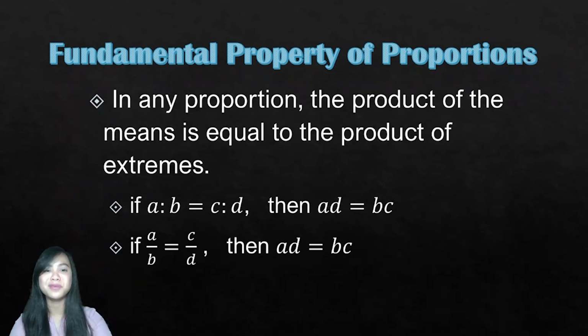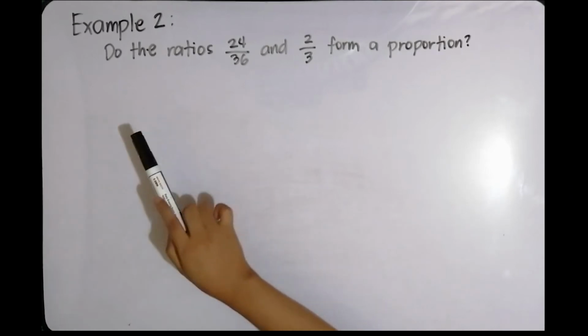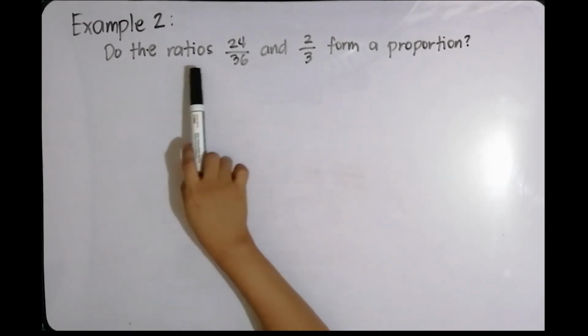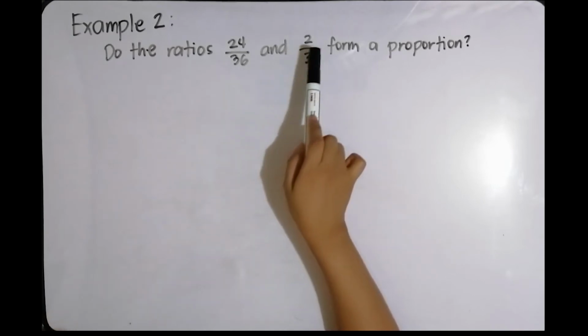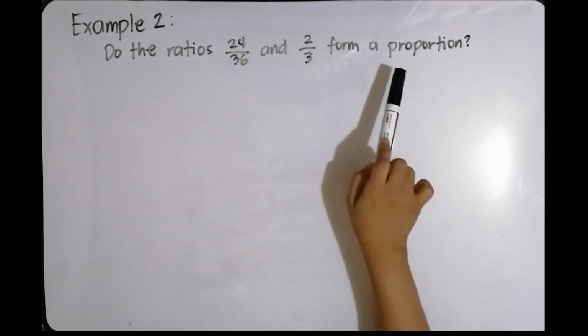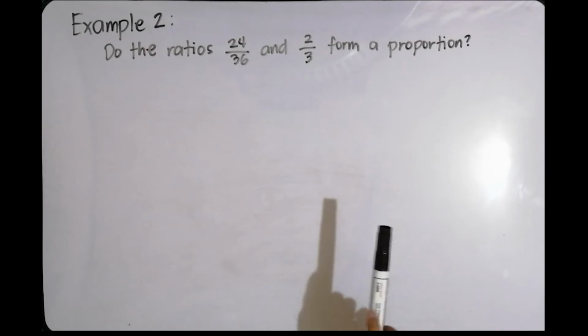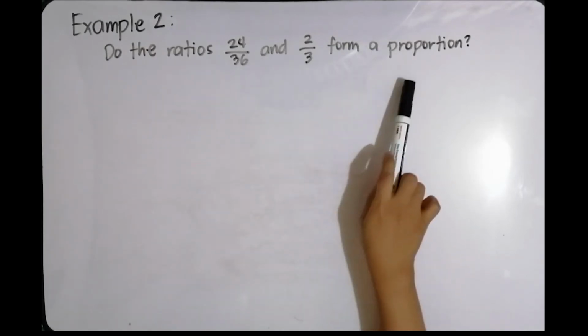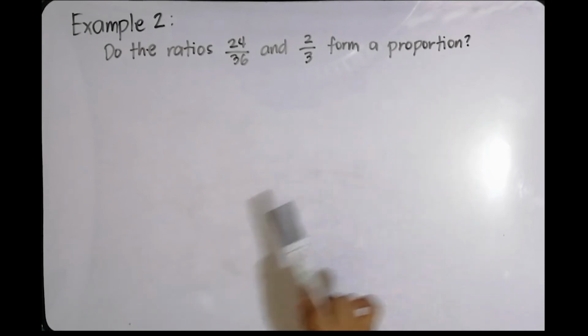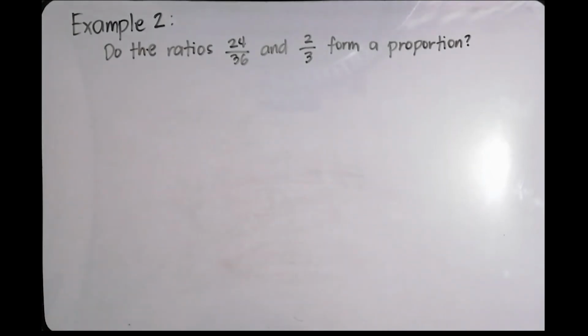Let us have examples proving this fundamental property of proportions. We have this problem: do the ratios 24 over 36 and 2 over 3 form a proportion? We're going to prove if these two ratios form a proportion. How are we going to do that?